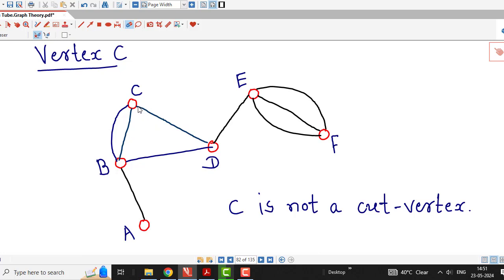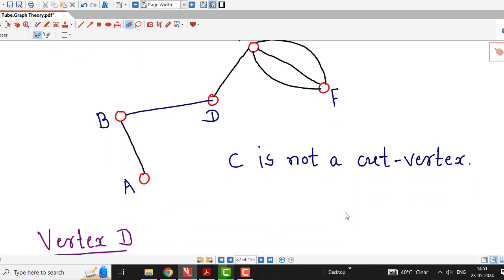Now we check for vertex C. So we remove edges whose endpoint is vertex C. This is one edge, this is another edge, this is another edge, and we have to remove vertex C also. After removing vertex C and all edges incident with vertex C, we obtain a connected subgraph, therefore vertex C is not a cut vertex.